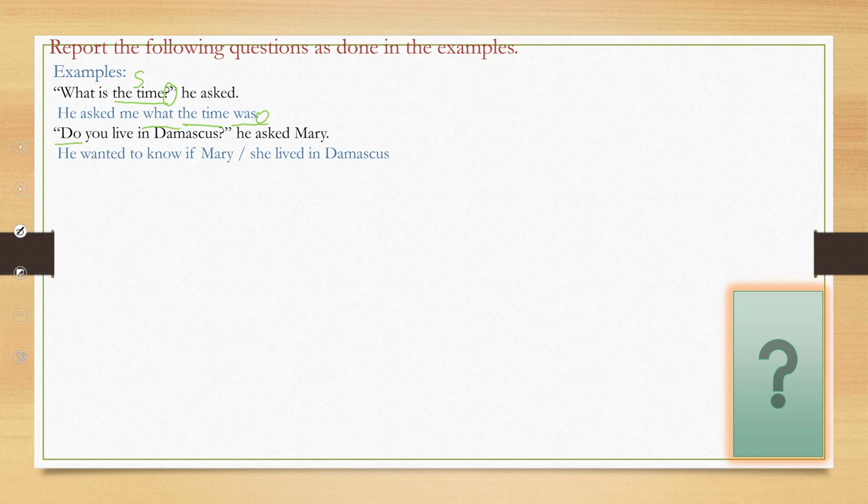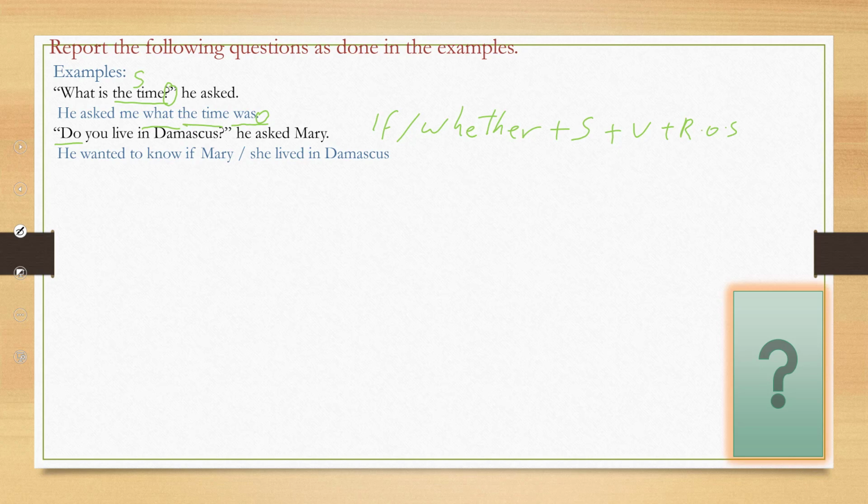We should start the sentence first with if or whether, plus the subject, of course the changed one, plus the verb after changing it, plus the rest of the sentence. If we have an adverb, we should also change the adverb.